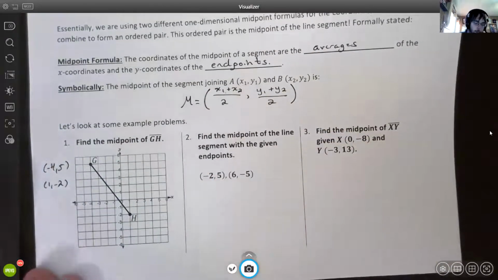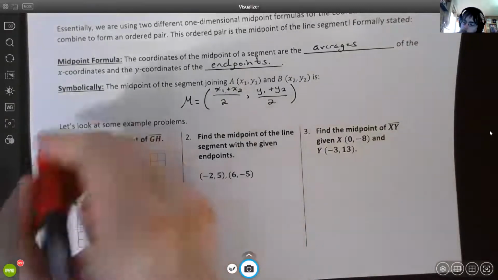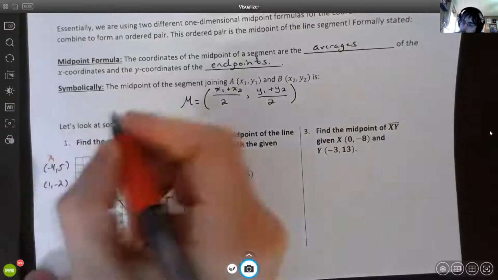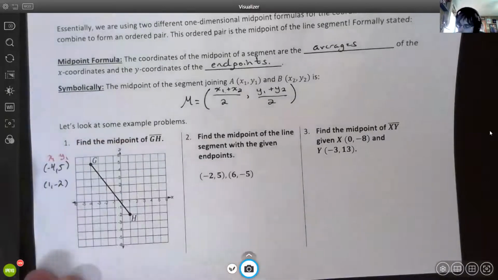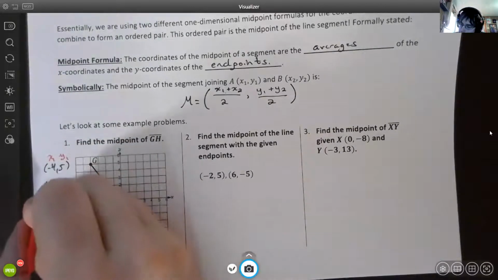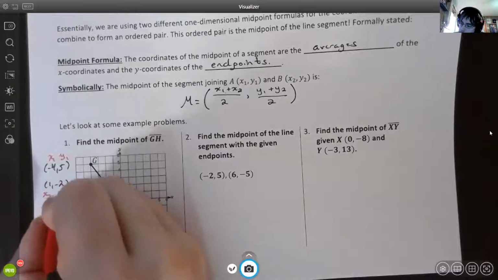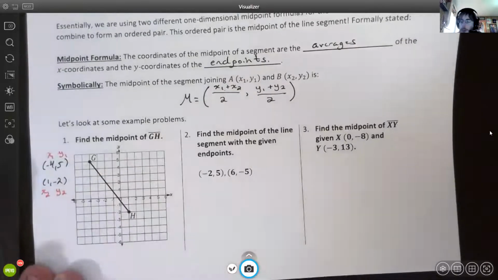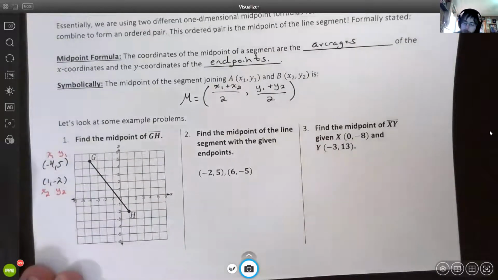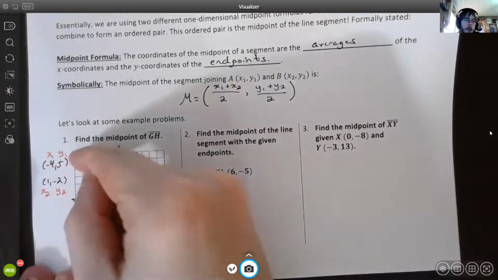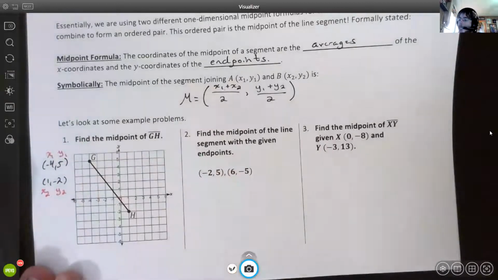And now we're going to label our points with x1, y1, x2, y2. So -4 is x1, 5 is y1, x2 is 1, and y2 is -2. You could do it the opposite way, this point being x2, y2, this one being x1, y1, it's not going to change your result.